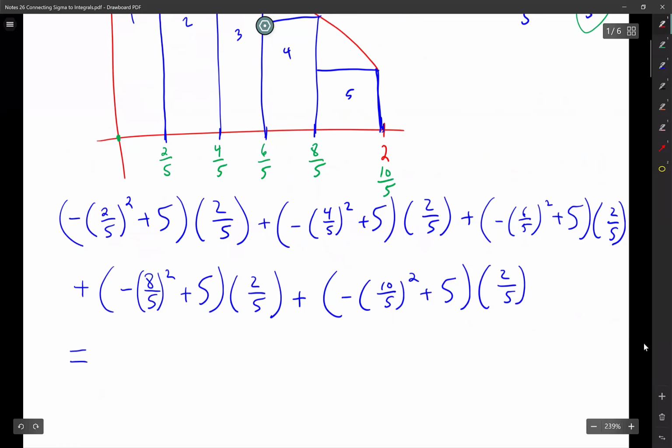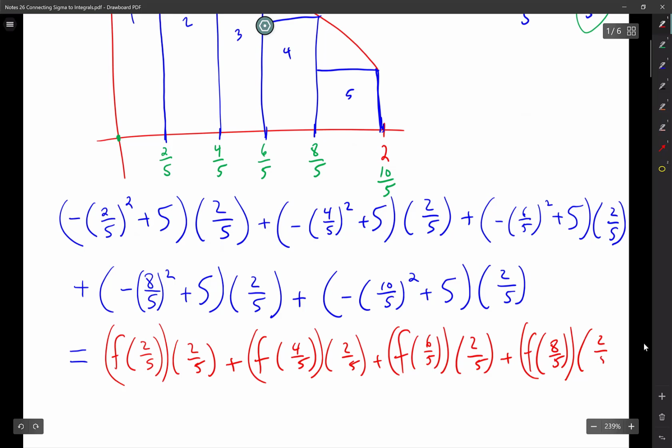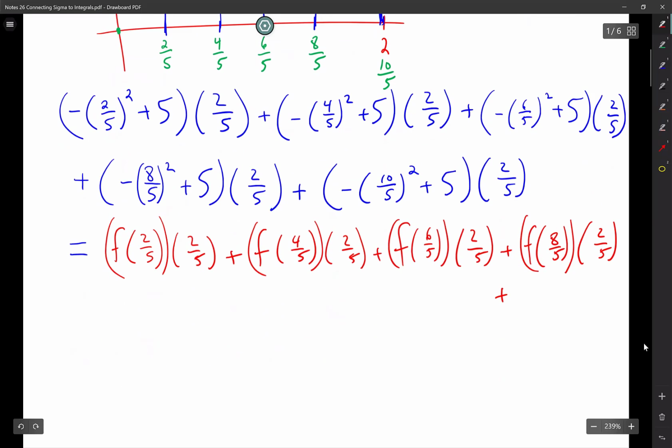This is equivalent to saying, it's equivalent to saying that, if you think that's easier to read.